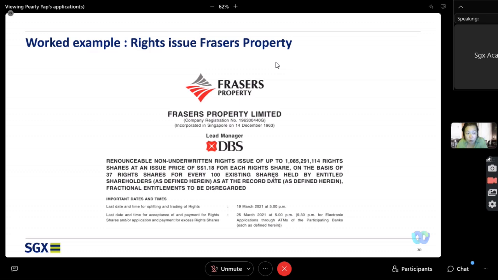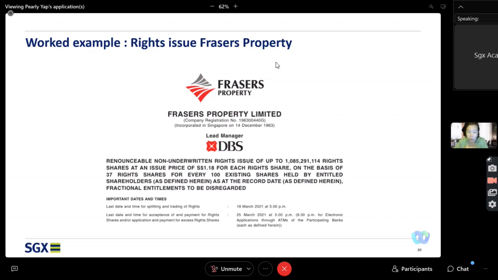So how do you know how many rights you get? If you own 1,000 shares, you divide 1,000 by 100, then you multiply by 37. That's your number of rights. So you just divide out by the ratios to get your numbers. Now remember, in a rights issue, money still changes hands from the shareholder.